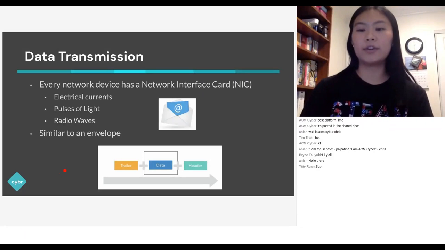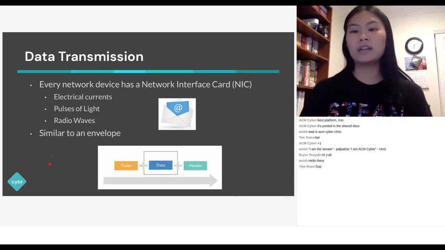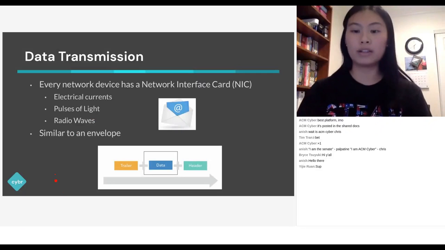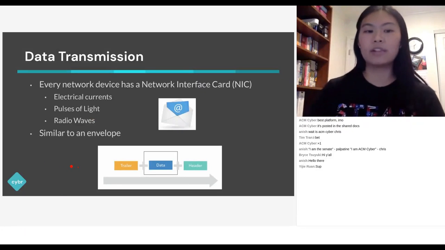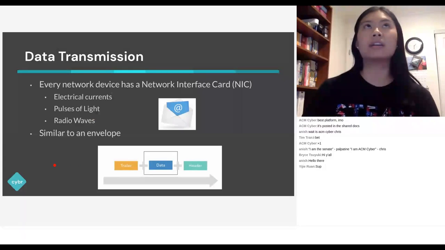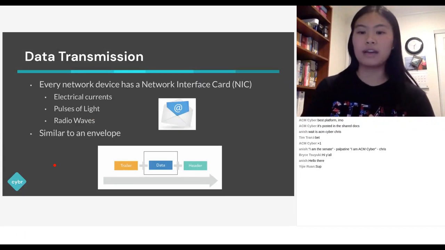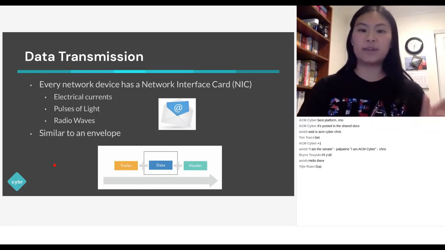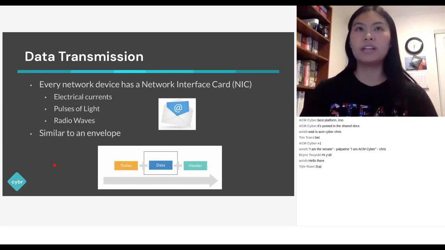And if you're using fiber optics, then it will transform it into pulses of light. And radio waves, obviously, is going to be wireless. So it's similar to an envelope, as an analogy. When you have an envelope, you have your actual content, your letter, and then you put it inside an envelope, right?